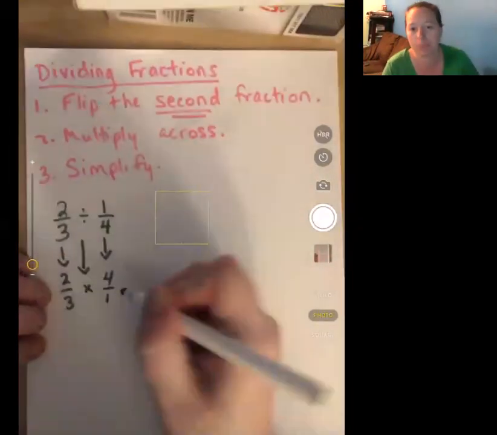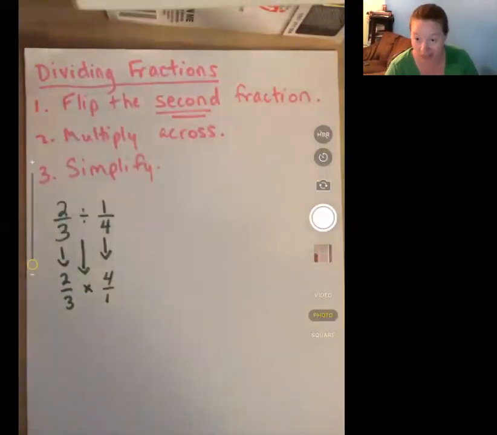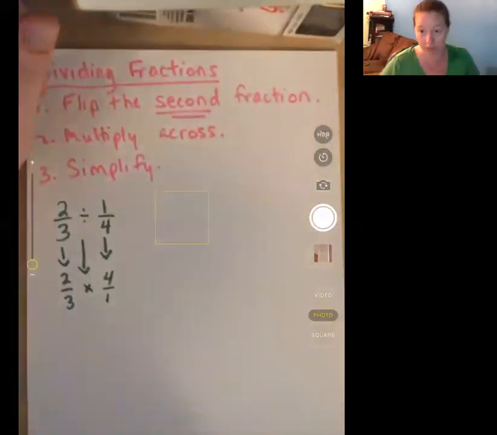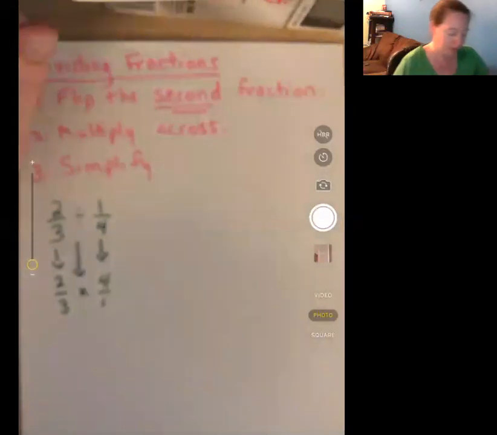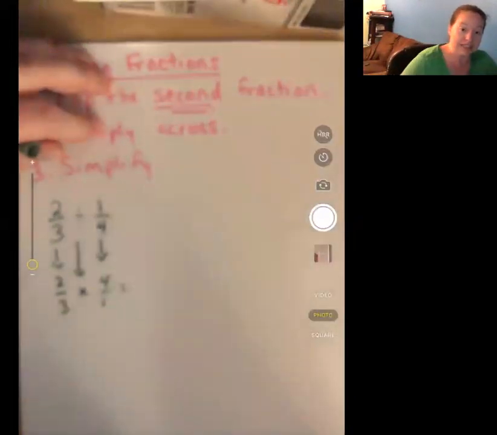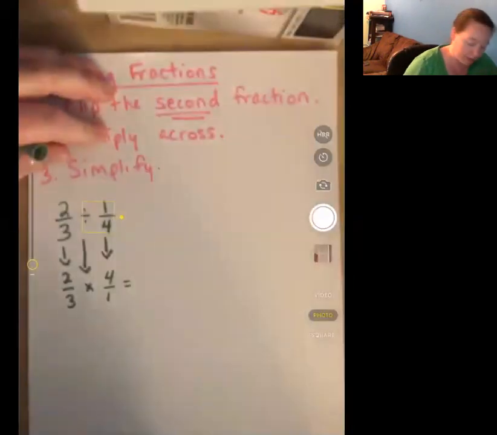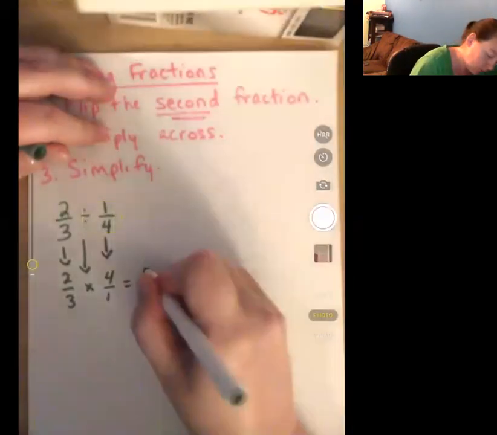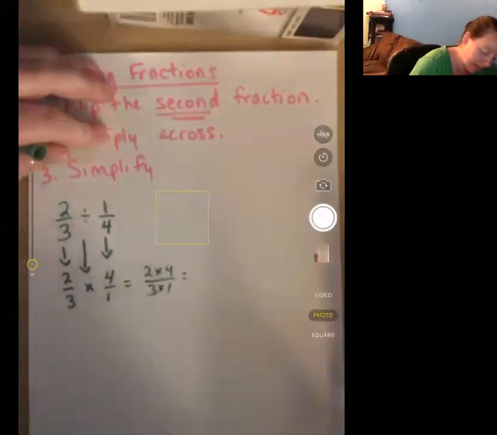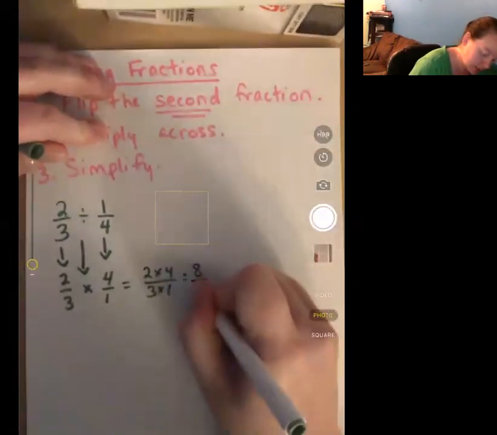It's called the reciprocal. You'll hear that used a lot. That just means flip it. Reciprocal, flip it. But other than that, it works exactly the same way that the multiplication worked. 2 times 4 over 3 times 1. 2 times 4 is 8. 3 times 1 is 3.